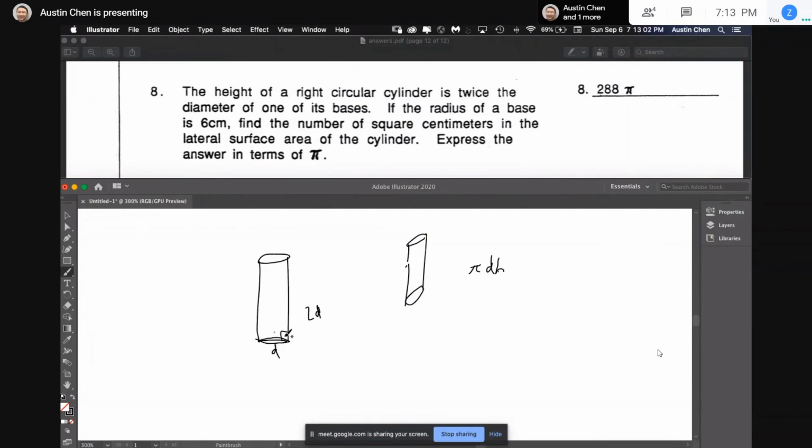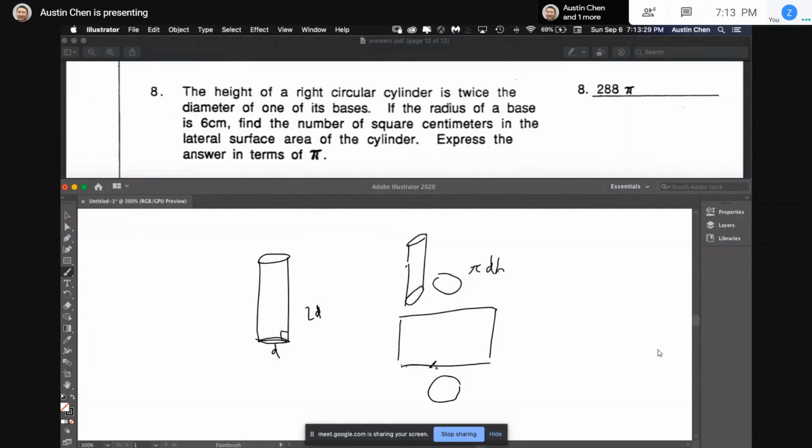You can unravel this area into a rectangle, and the bases would have been here and here. If you put it back into a cylinder, you would wrap this rectangle around the bases. We just want to find the area of this rectangle, and that would be our lateral surface area.